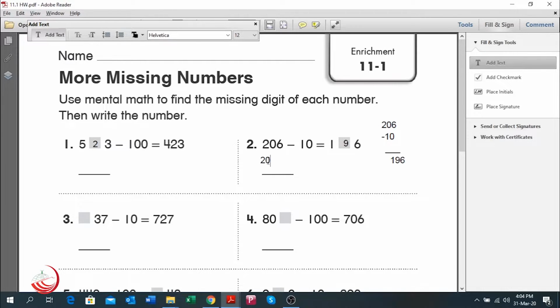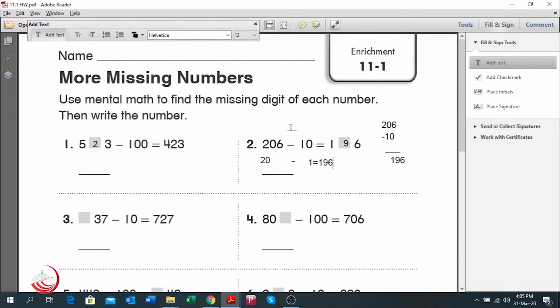We have 20 tens, right? How many tens in a 10? 1 ten. 20 minus 1 equals 19. So we have 19 tens. And how many ones? 6. 196.